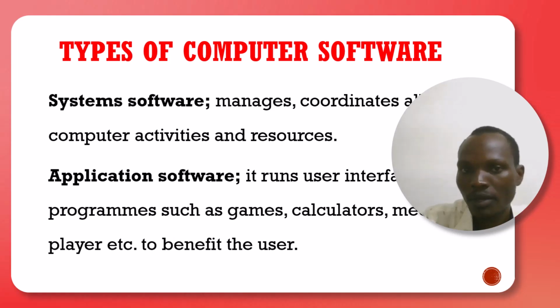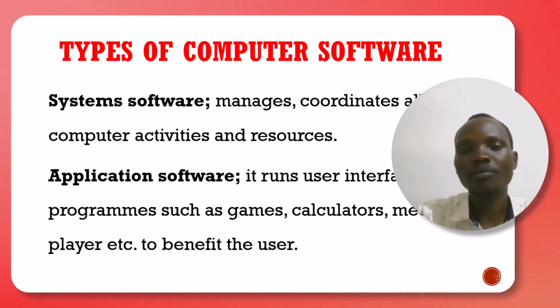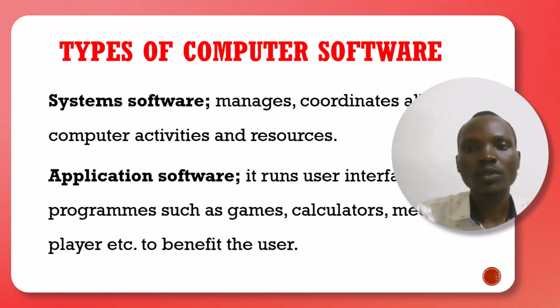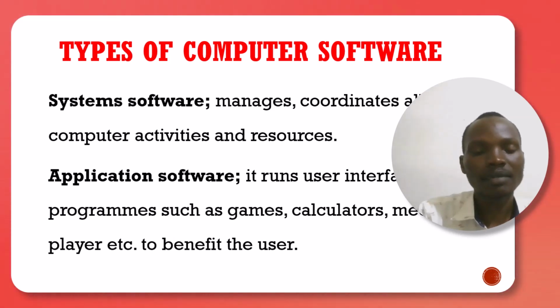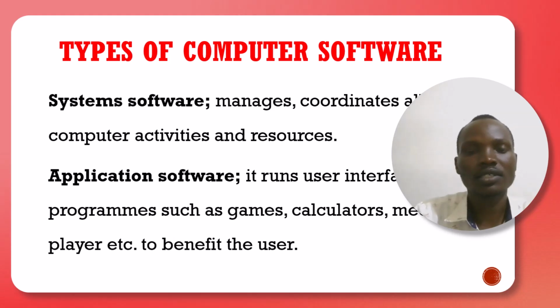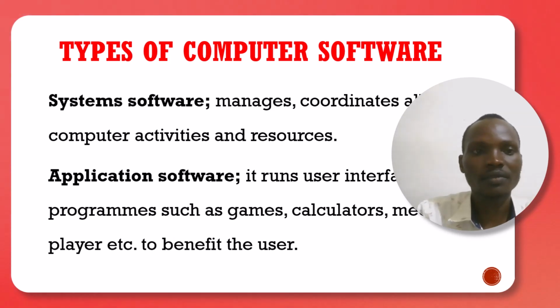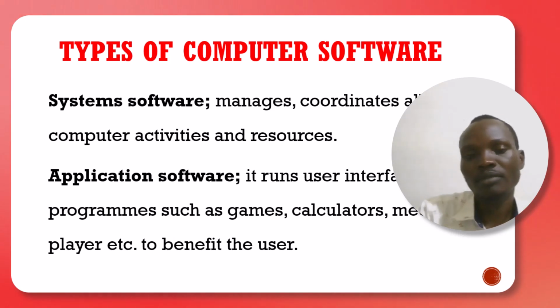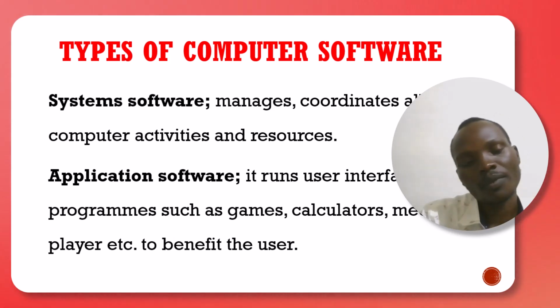The system software is used by the computer to manage the activities of the computer, to coordinate how those activities are being operated, and at the same time it also coordinates and manages all the other resources which are connected to the computer. So system software makes all the programs in the computer work in a coordinated way so that output can be processed in a good way.